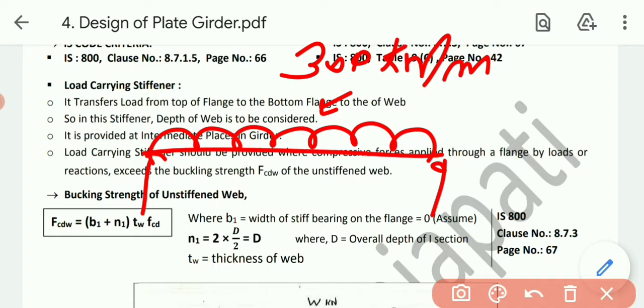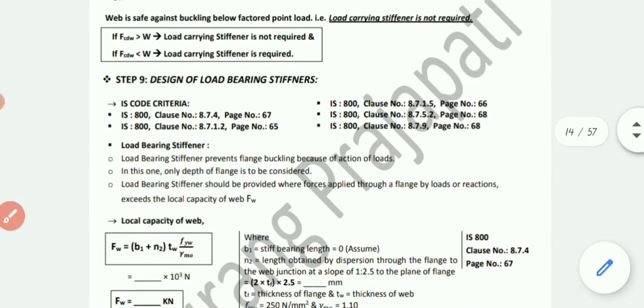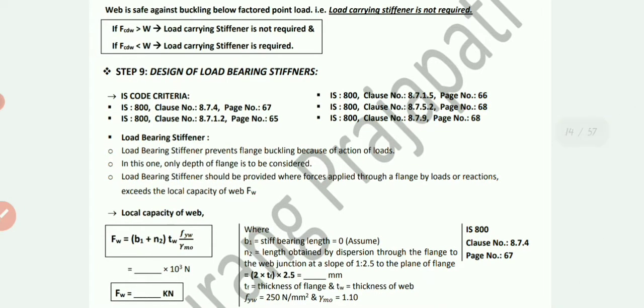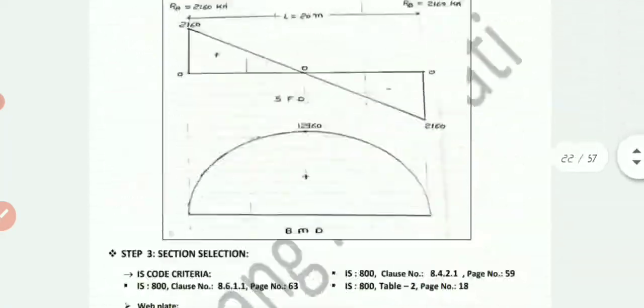So this load carrying stiffener check is usually provided for the factored point load. As a factored point load is not given, this step will not be included here. I have explained it because it is not necessary that in every exam they will ask only the UDL sum. Sometimes a point load is also given along with the UDL. So let's get back to the sum.